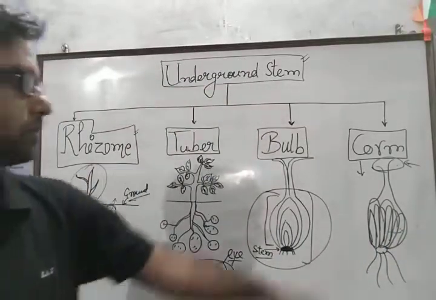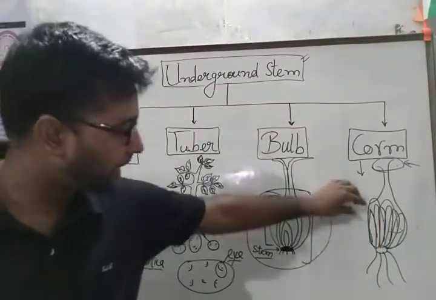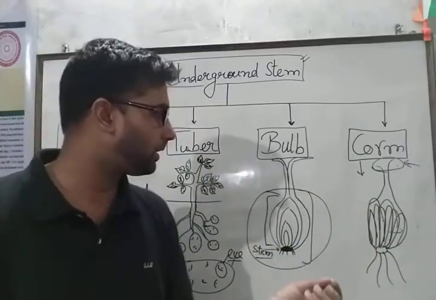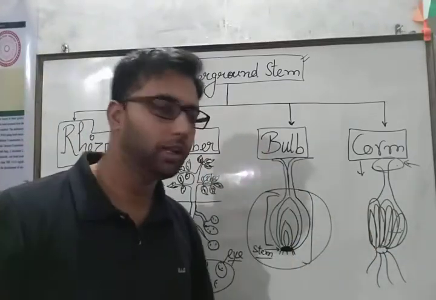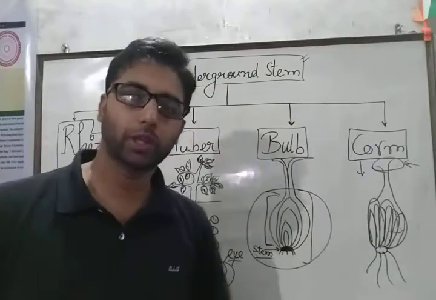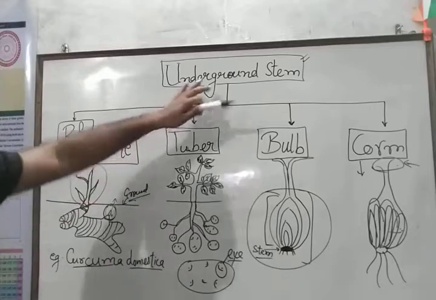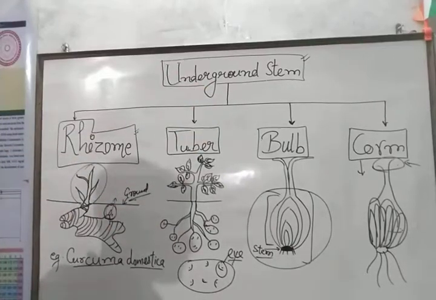Yes. So this is a corm-like structure, and each solid part, when you detach it from the parent and sow it in the soil, eventually grows into the mature one. So this is all about the underground stem.